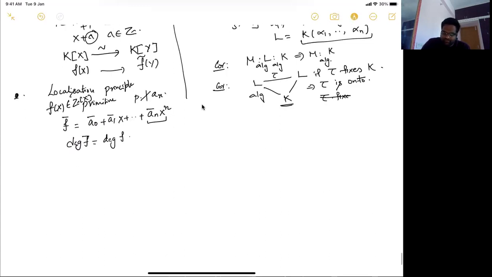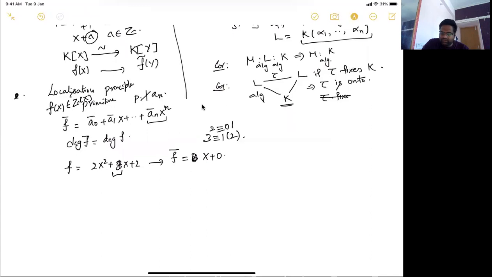Because if you are considering a polynomial over characteristic 2, suppose you have the polynomial 2x squared plus 3x plus 2, and when you reduce it to f bar, you will get x plus 0. Because 3 is congruent to 1 mod 2, and 2 is congruent to 0 mod 2. So the degree of f bar is strictly less than the degree of f. We don't want that to happen.